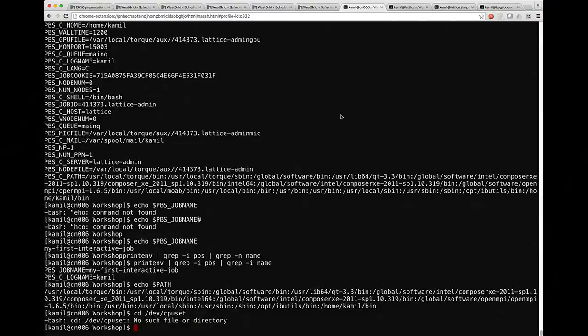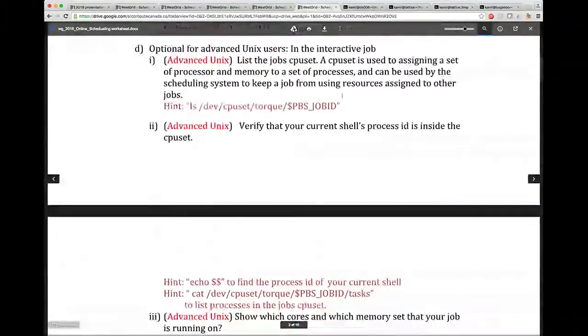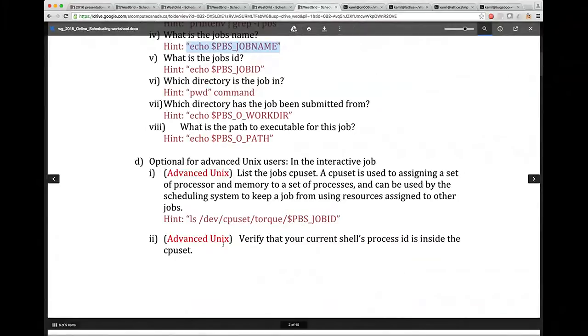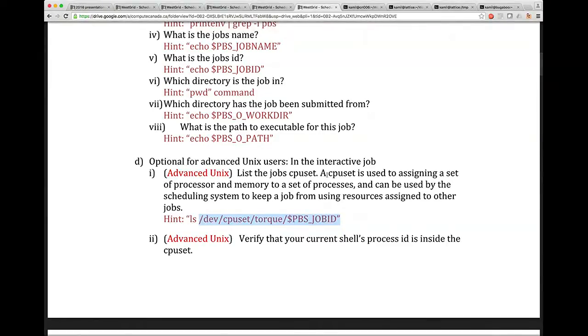Unfortunately, Lattice does not use it. If you did run this on Jasper, you'd see that there's something called a CPU set, and it basically is a list of processors and memory that your job can touch.